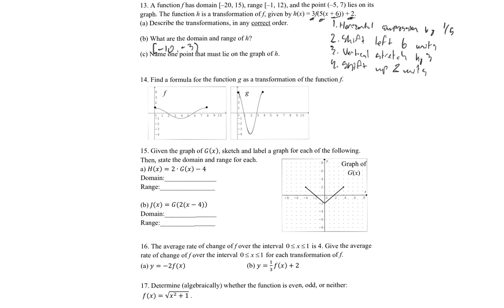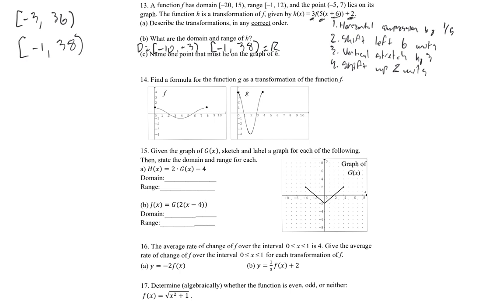Vertical stretch by 3, so that gives us -3, 36. Then you shift up 2 units. So, well, from there we get -1, 38. Bingo. So here's the domain and range.